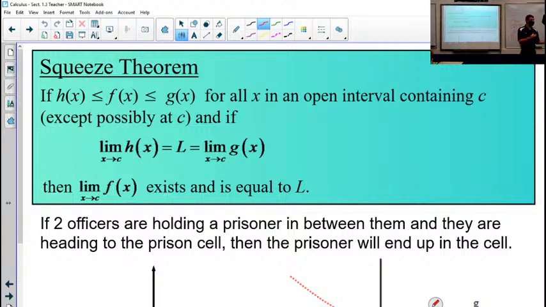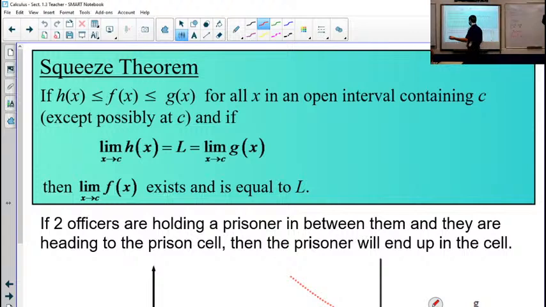Anytime you see f of x or g of x, remember we should be thinking y. So if you see h of x and f of x, you should know that these are talking about y values. So in other words, we're talking about these y values, and we've got three different functions, and we're ranking their y values from smallest to biggest.